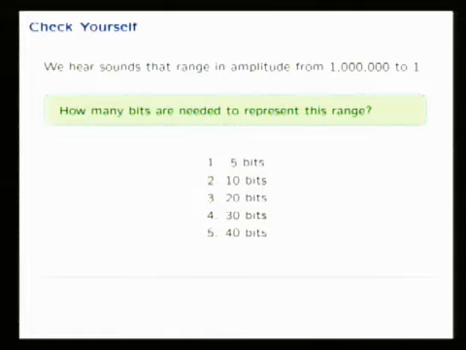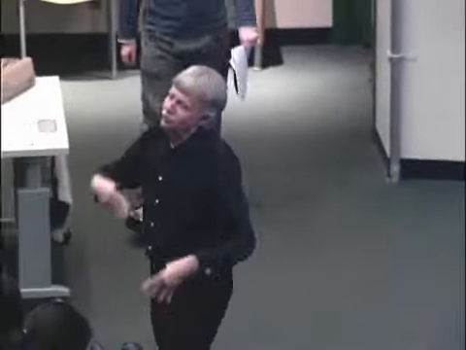So if you were to put a person with good ears, not me, one of you, into a quiet room and let you sit there until you adapted and then played the faintest sound that you could possibly hear, then multiplied by 10, multiplied by 10, multiplied by 10, you could make it 1,000,000 times more intense in pressure.